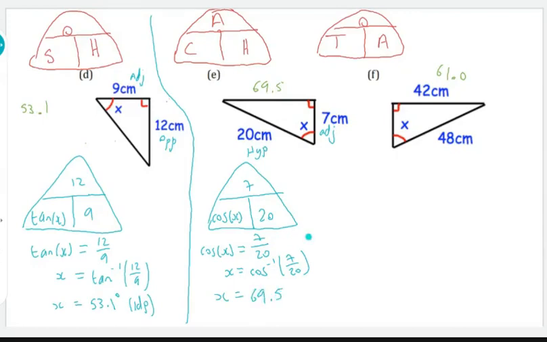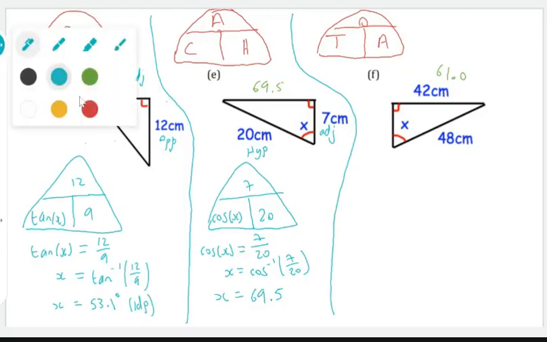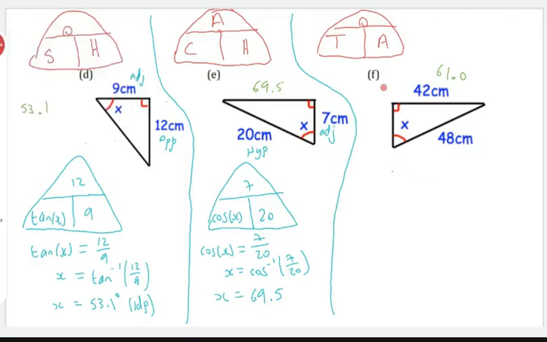Yep, your answers are strong. And then lastly, we've got the final triangle where you've got opposite and you've got hypotenuse. So that's going to be the sine triangle. So sine of x is opposite, which is 42, and hypotenuse, which is 48.